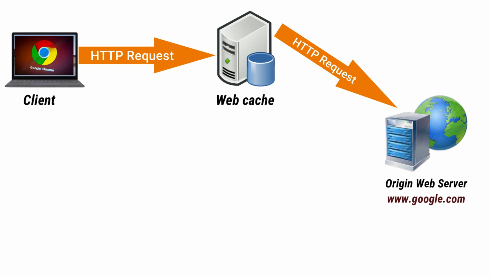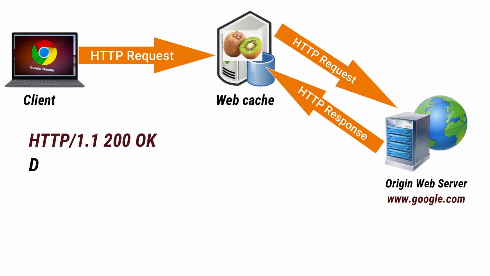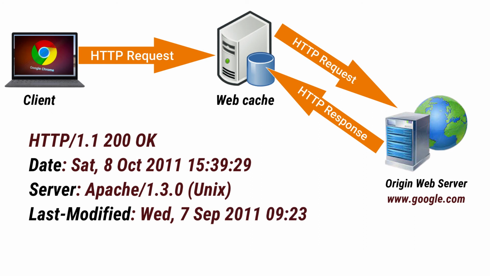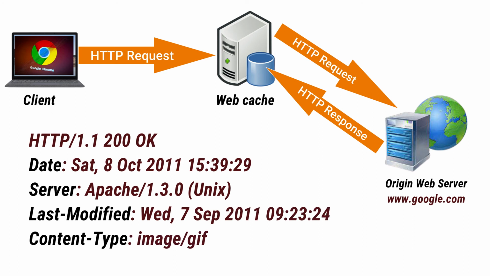Then the Google web server sends a response message with the requested object to the proxy server or web cache as HTTP/1.1 200 OK, then the date, then the server is Apache version 1.3.0, the operating system is Unix, the last modified date, and the content type is image/gif.